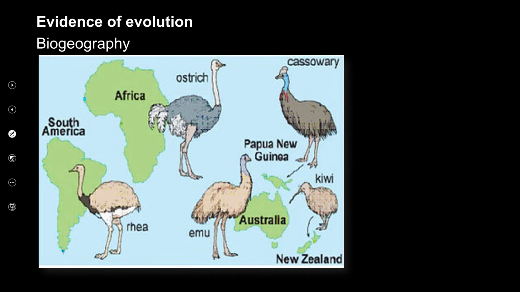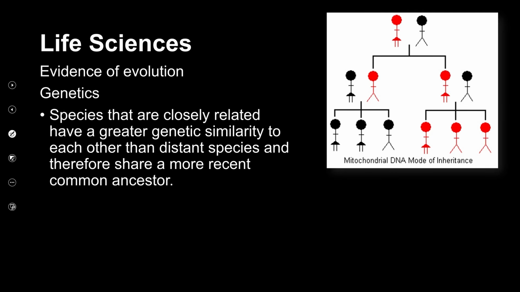Before we have the continents as we know them today, before continental drift took place, these organisms may have all been in a common region from a common ancestor, and as continental drift occurred, the continents moved away, and this is why they are not all exactly the same. They are different species, but they have characteristics that are common. Okay, so that's what biogeography tells us, it gives us information on evolution.